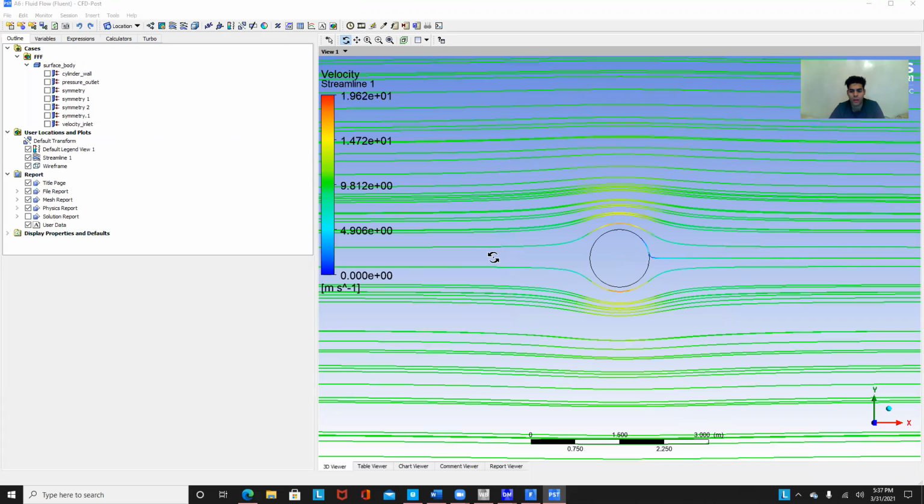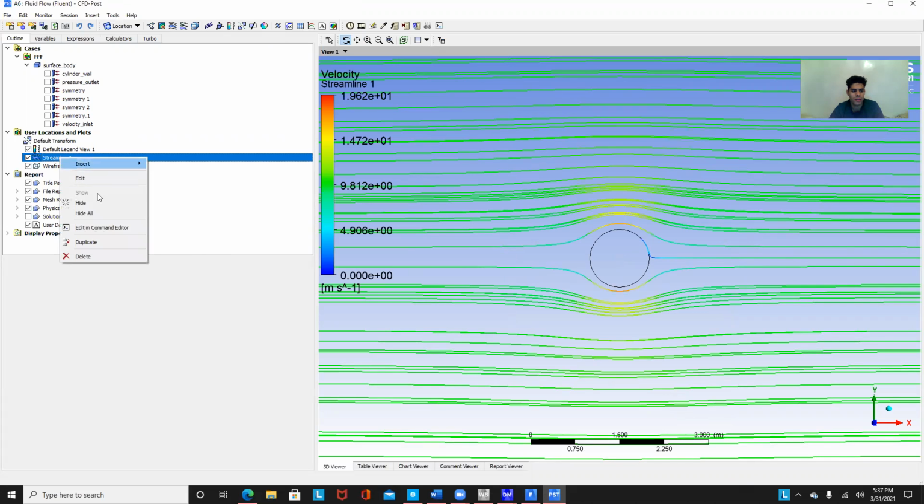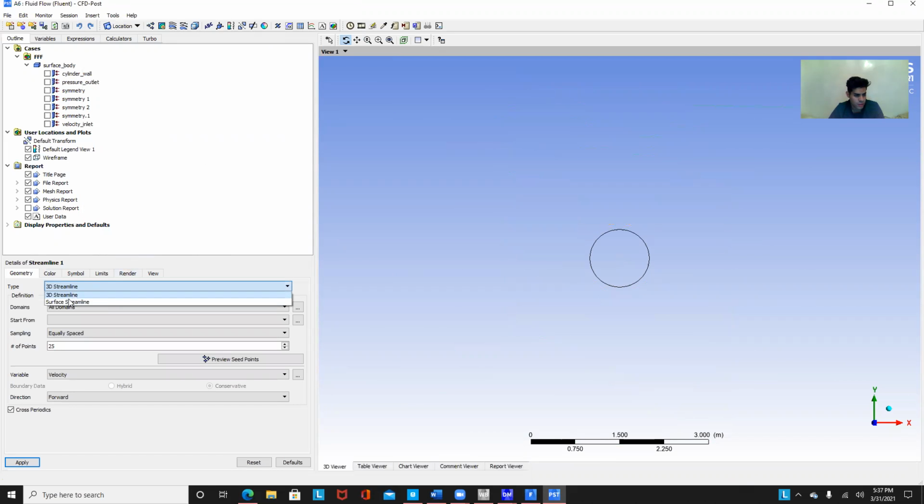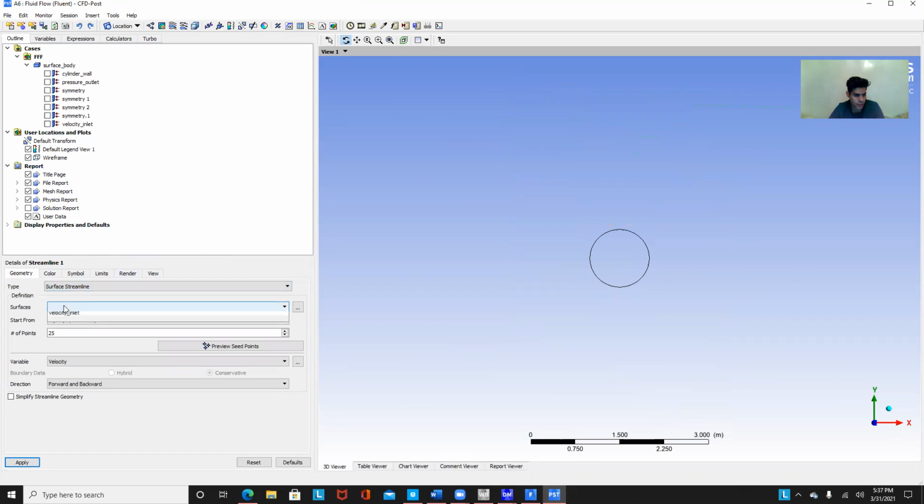Okay. So I'm just gonna delete the streamline that's showing just so I can show. So you go to insert streamline, streamline 1. It's gonna be our surface streamline. For this, Dr. Osbey shows the symmetry 1 surface, apply.